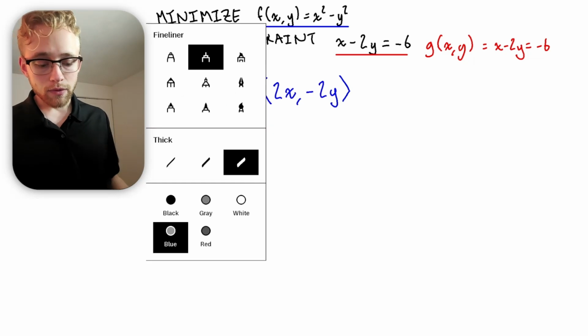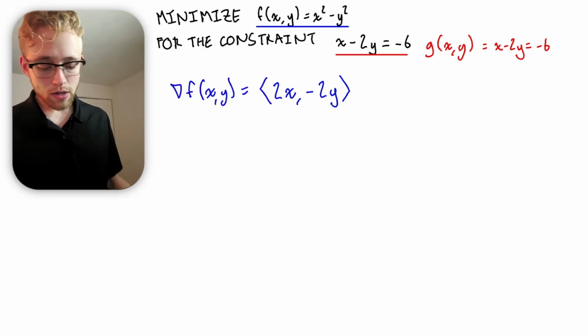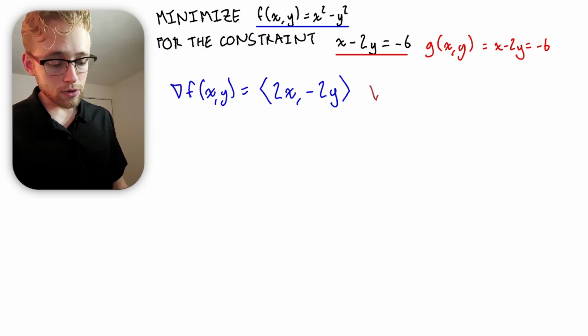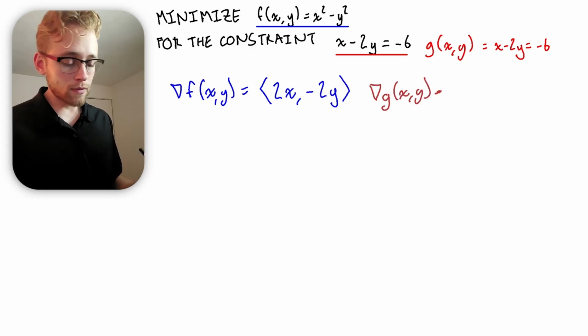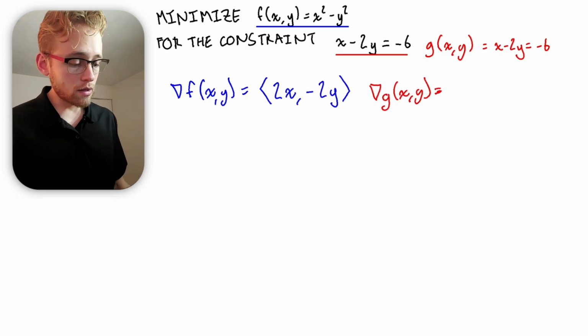And then the gradient of our constraint function is just going to be 1 and negative 2.